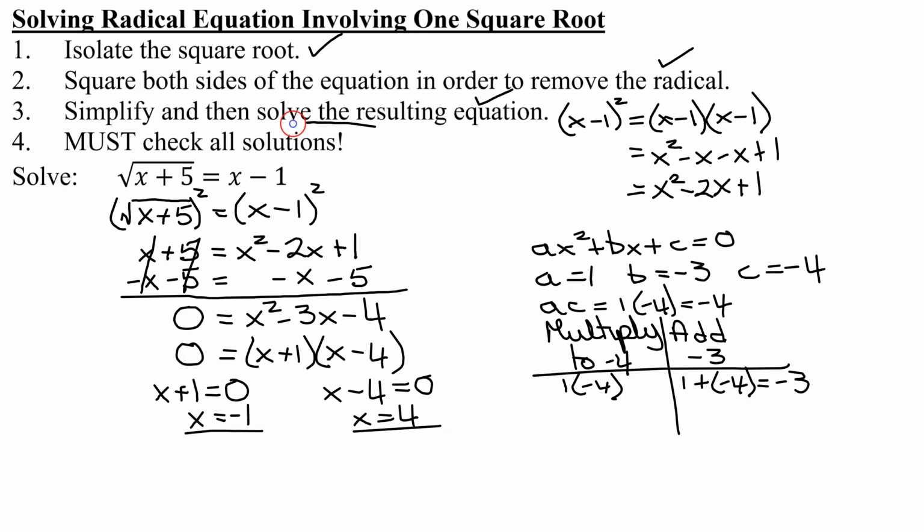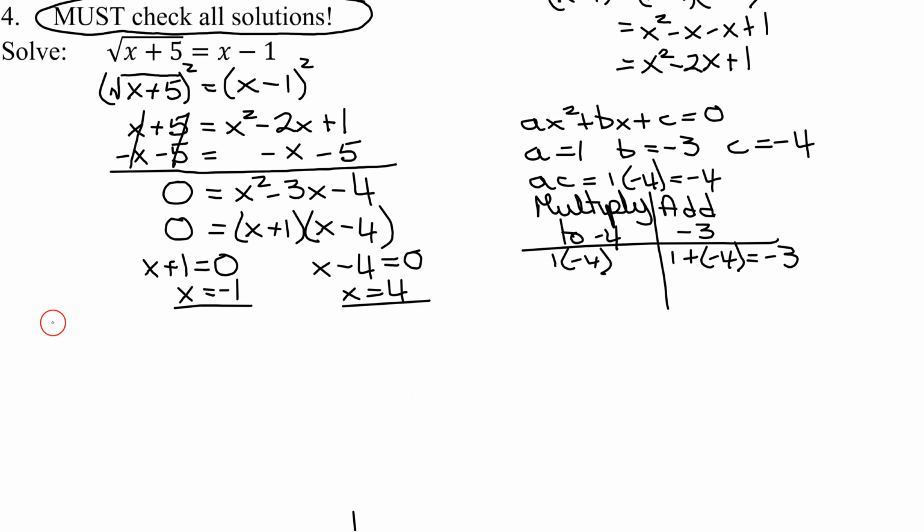But don't forget, you must check your answer for extraneous solutions. So that means you have to check them each in the very original equation. And since I'm running out of room, I'm going to put this on pause briefly. So now I'm going to check x equals negative 1 in the original equation.